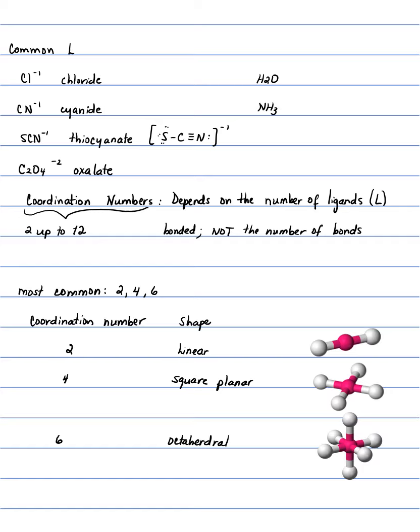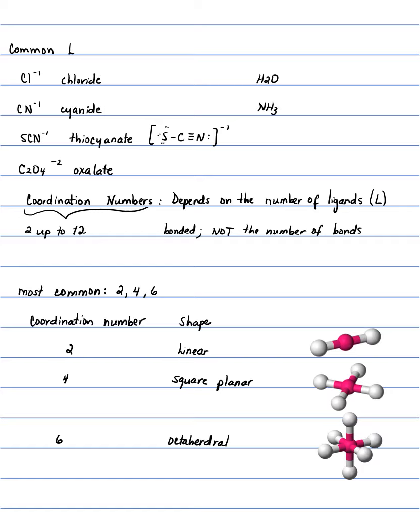It's not how many bonds, okay? You're going to have a double bond between the ligand and the metallic center, and that still counts as one. This works more like the number of electron groups around that metallic center than the actual number of bonds. So that's how we're going to be determining the coordination number.